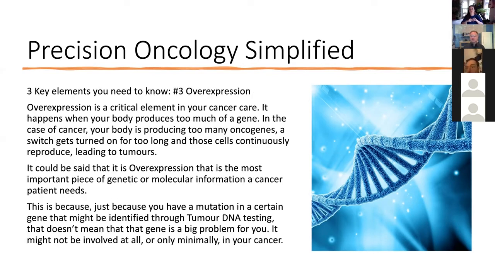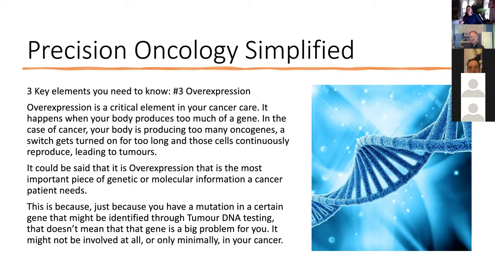So overexpression refers to how much of the gene is produced. Every gene will have a certain amount that it's required in the cell. And obviously, like anything else, too much is not a good thing. Having 2 glasses of wine is a great thing.